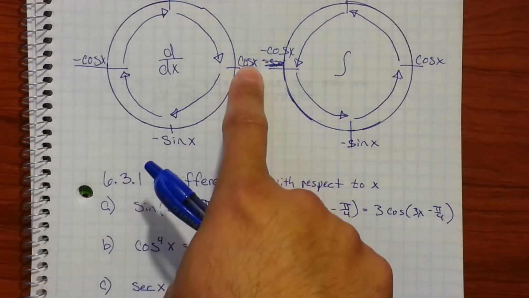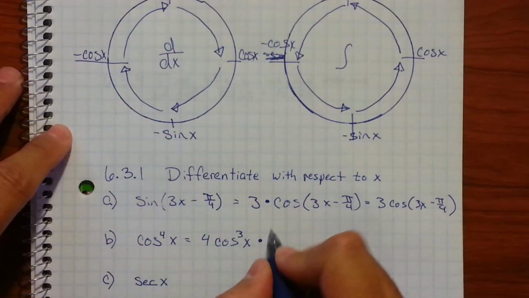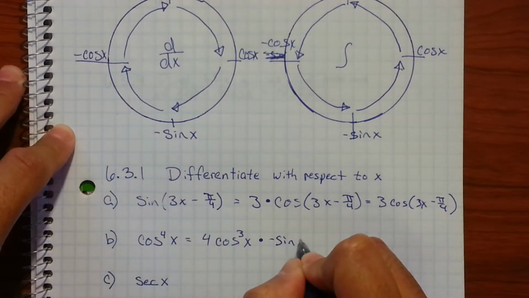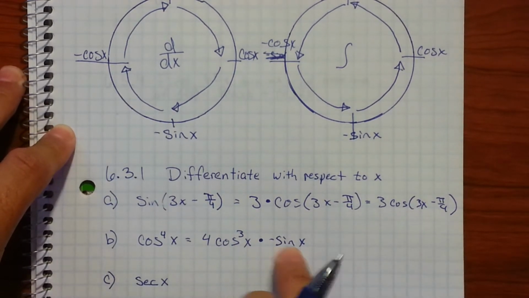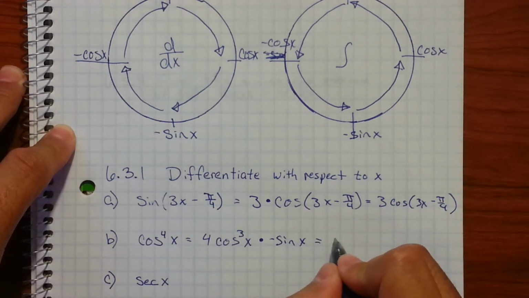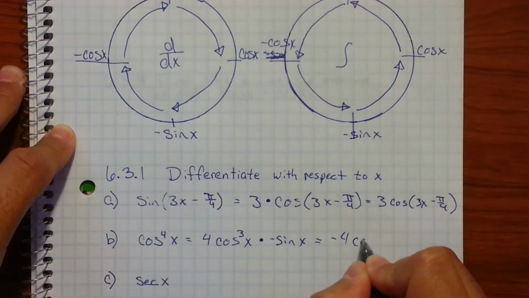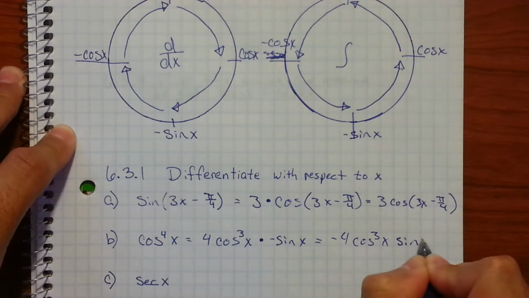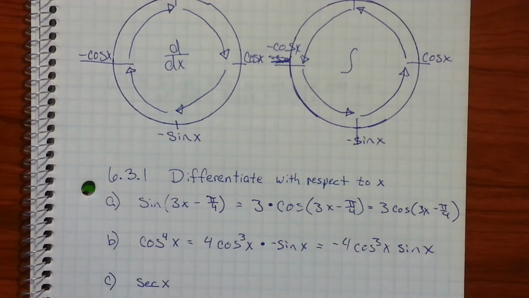The derivative of cosine gives me negative sine, so it's times negative sine of x. And so right here, we're going to come up with negative 4 cosine cubed x sine x.